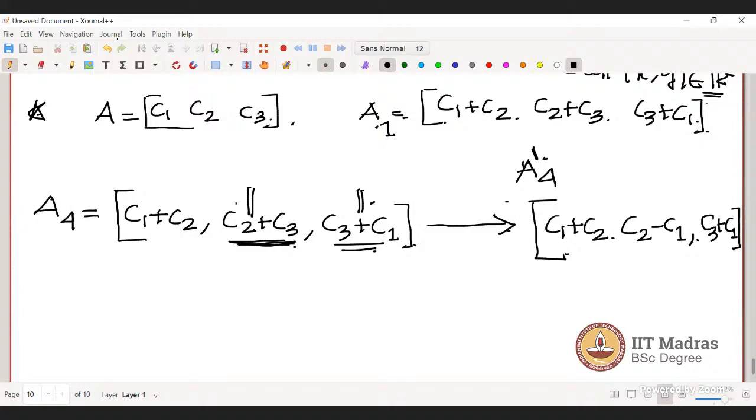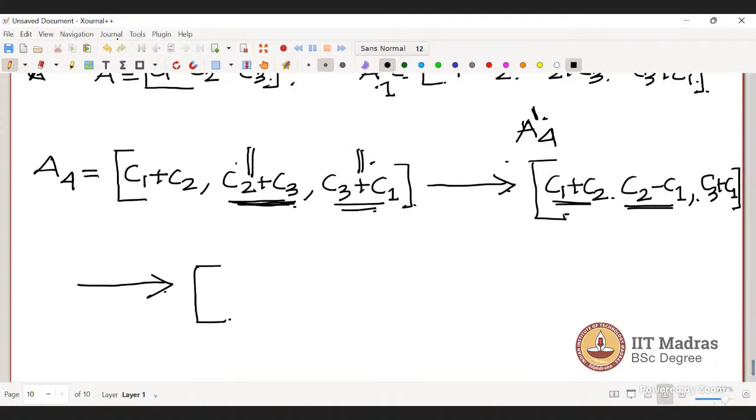Yes. So next what you do, you add this column with this column. What you will get? 2C1 plus C2, then 2C2, then C3 plus C1.